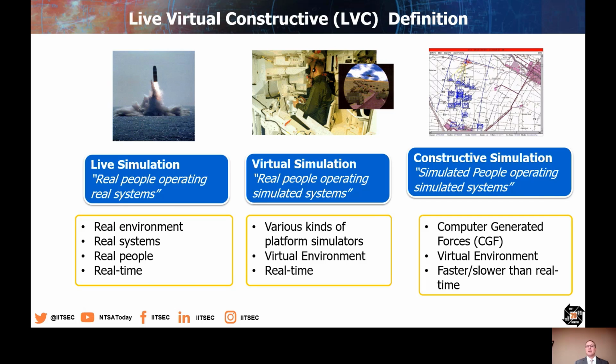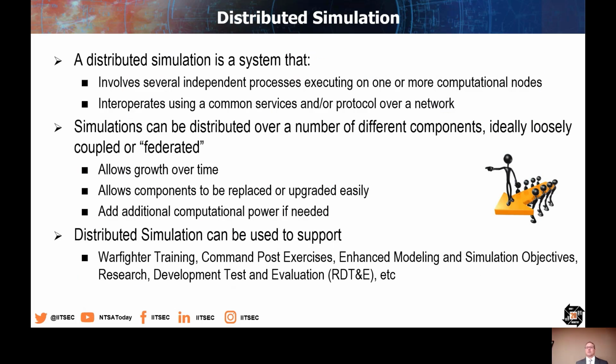So let's talk a little bit about distributed simulation. A distributed simulation is a system that is basically having multiple processors that is executing on one or more computational nodes. What that means is you could have two processors on a laptop or on a workstation, and there could be a simulation on one and a simulation on another processor, and they have to communicate.